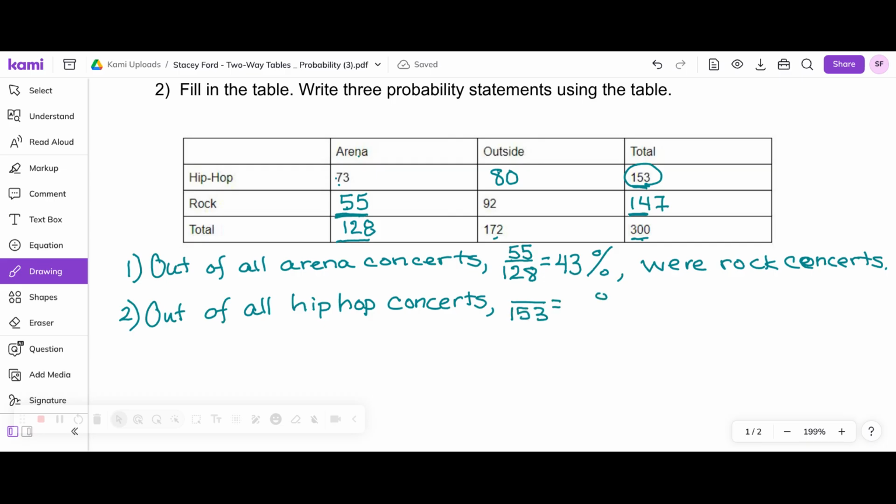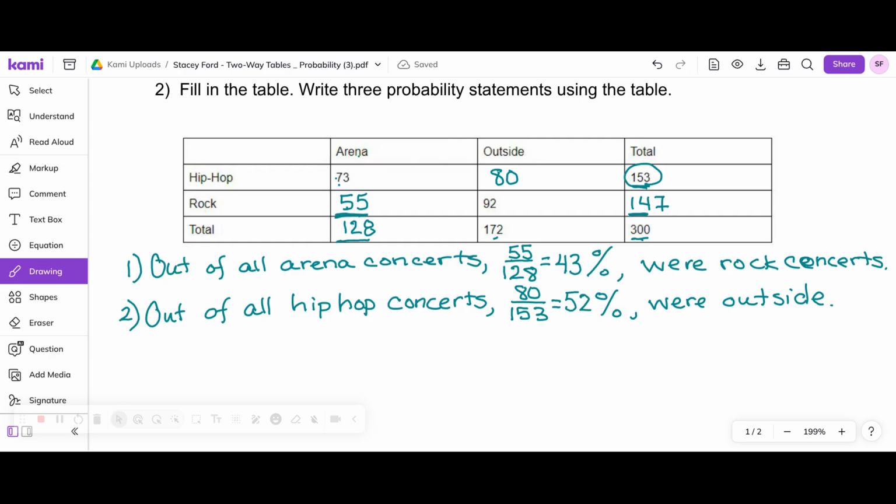And I know I'm going to get some fraction and a percent. Now I have to decide, do I want arena or outside? And I'm going to do a little bit different this time. I'm going to say were outside. And so if it's outside, I know it's going to be 80. And I'm going to go 80 divided by 153. And then times it by 100. And I get 52.2. So it's just going to be 52%.